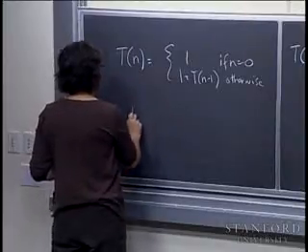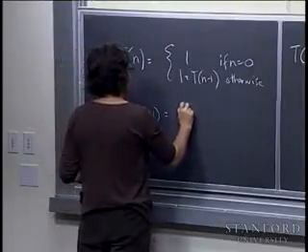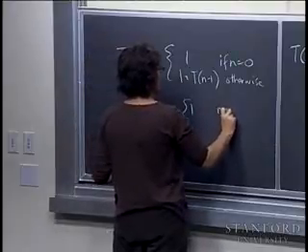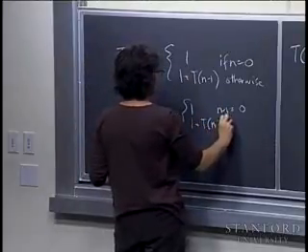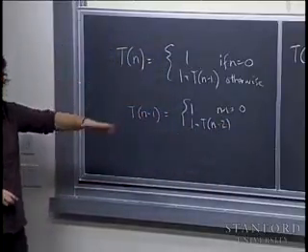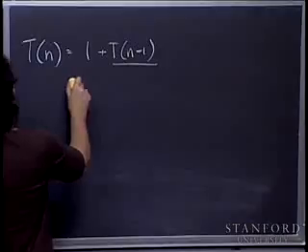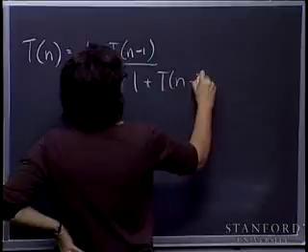So if I go back over here and I say, well, T of n minus 1 must be 1 if n minus 1 equals 0, or it's 1 plus T of n minus 2. So plugging it into the original formula and getting the expansion one layer in, I can say, well, this is 1 plus T of n minus 2.